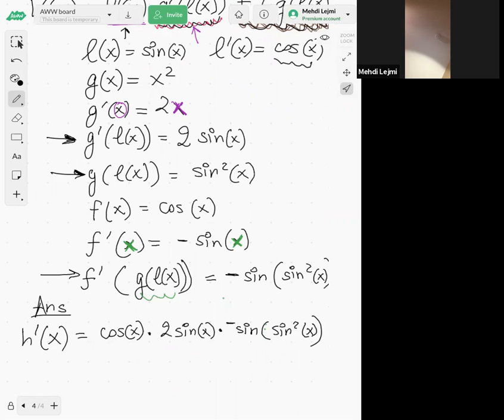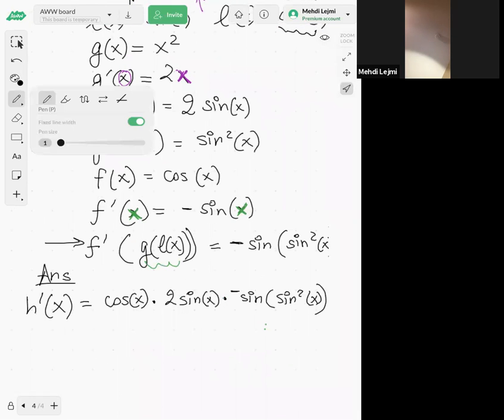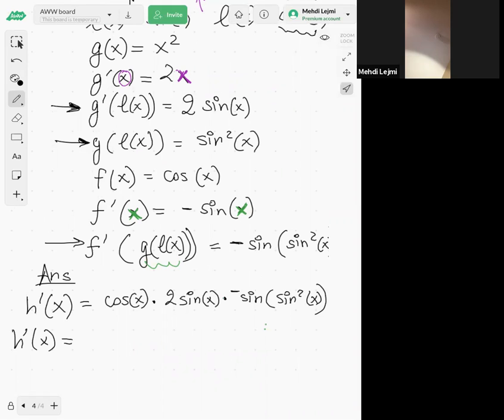Let me move the minus and the 2 to the front. So my final answer, h prime of x, would be minus 2 cosine of x sine of x sine of sine squared of x.